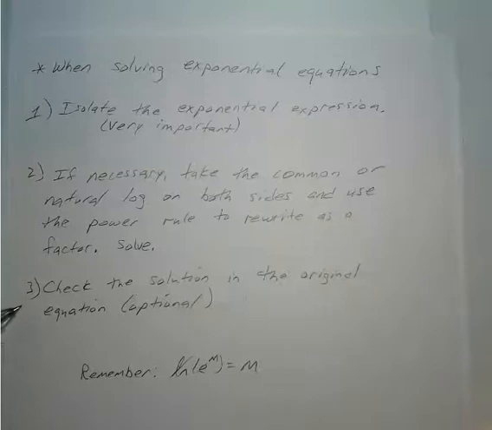Now 3, you want to check the solution in the original equation. Here it's kind of optional, but it's one of those good habits. With the logarithms it's not optional, but with the exponential it's kind of optional, but still a good habit. And remember, we have the natural log of e to the whatever power. The natural log and the e cancel each other out, so you're only left with your exponent.